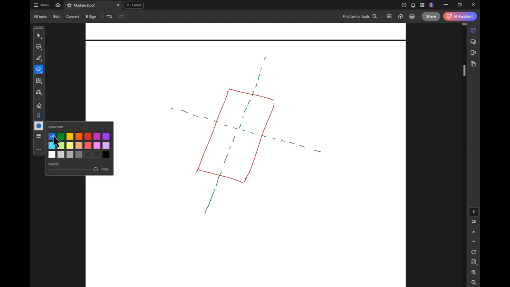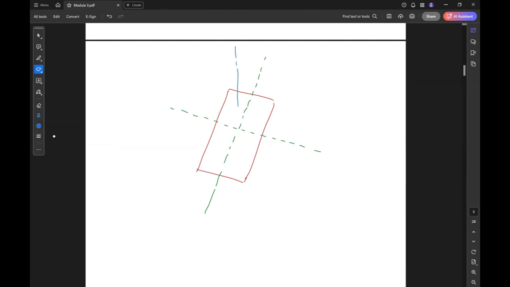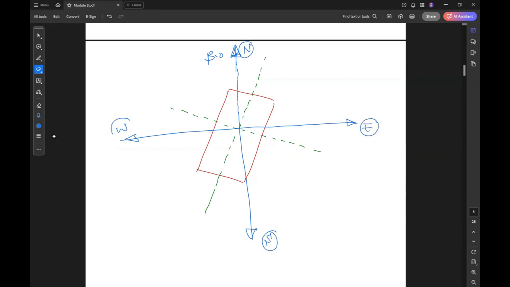The cardinal directions we have are the blue ones here, to have beta equal to 0. So this is north, east, west, and south, the main directions. And in between, at 45 degrees, we have the northeast direction.